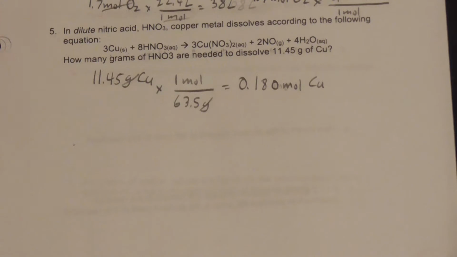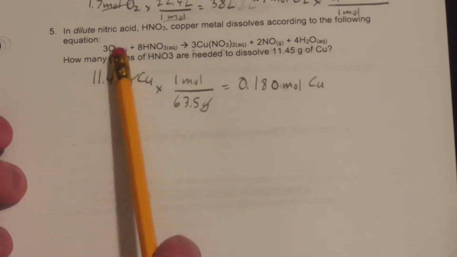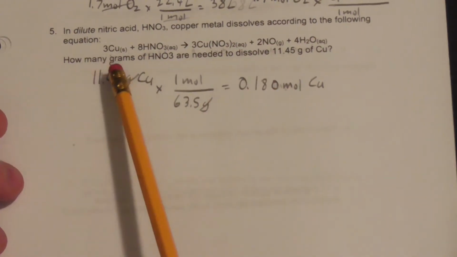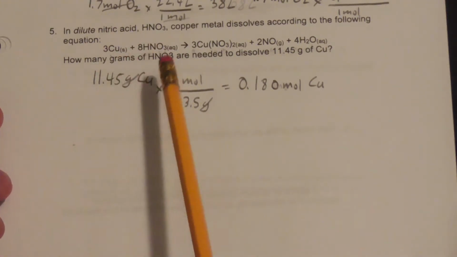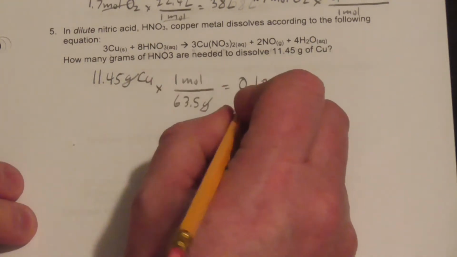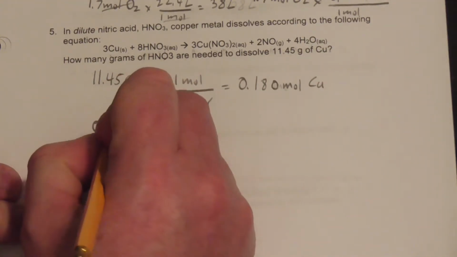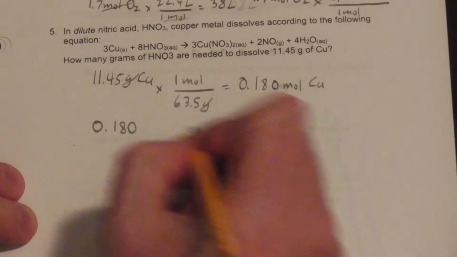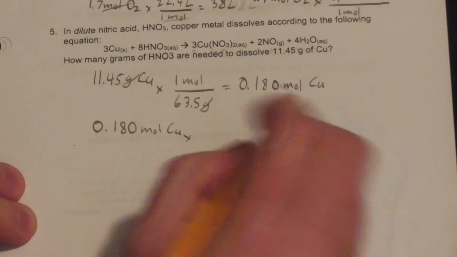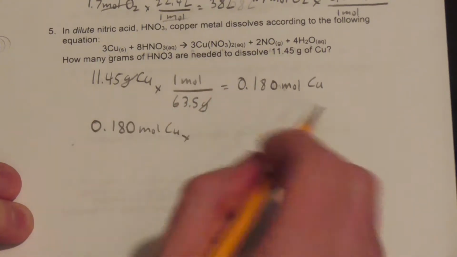So that is my first thing. Balanced equation, my first conversion, units to moles. Now I find my mole ratio, which is 3 to 8 to 3 to 2 to 4. How many grams of nitric acid are needed to dissolve it? So, now I have the amount of copper I have. Now I need to feed that through my conversion.